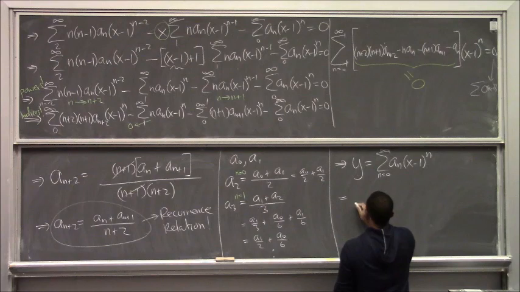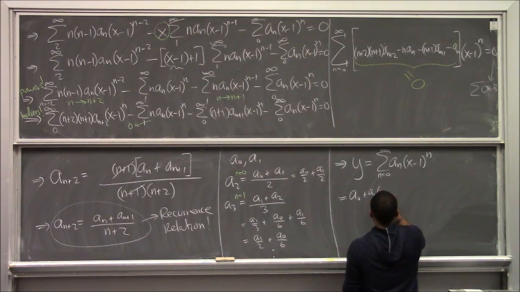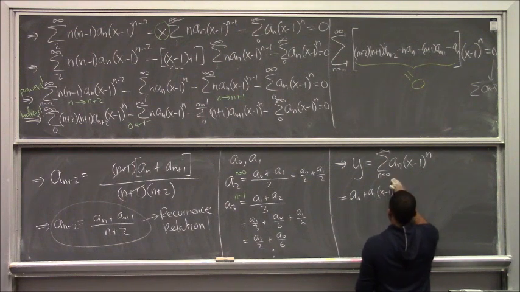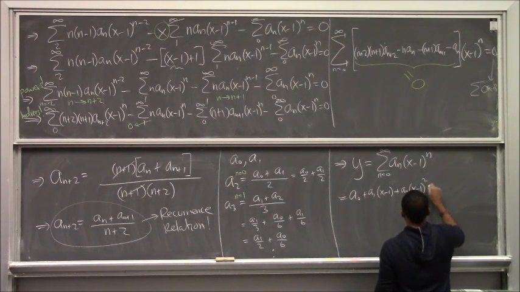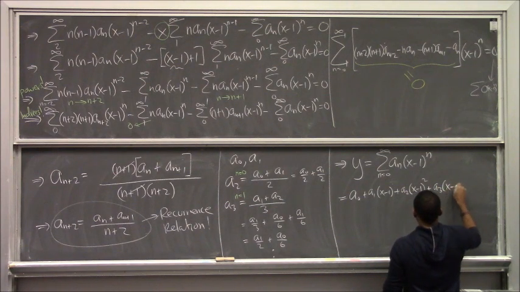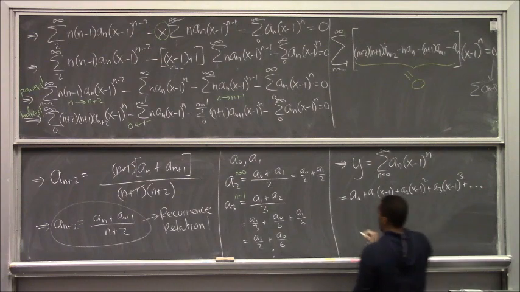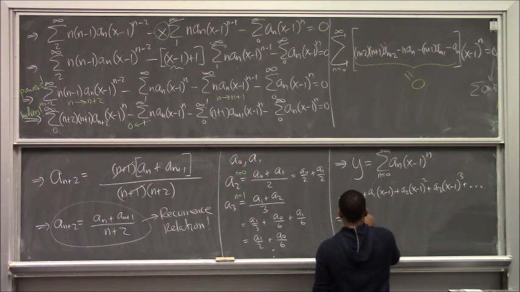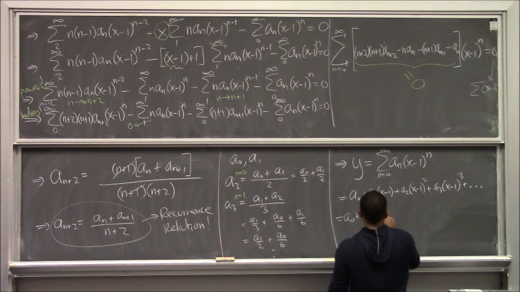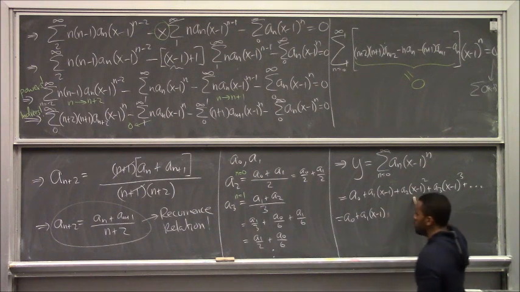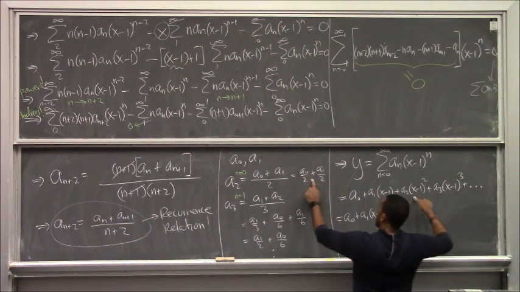But what is that? Well, this is A0 plus A1 times (x minus 1) to the 1 plus A2 times (x minus 1) squared plus A3 times (x minus 1) cubed plus dot, dot, dot, keeps going. Now what you'll realize is that A2 is going to split into 2 parts.